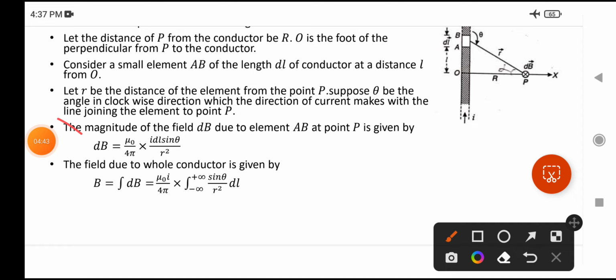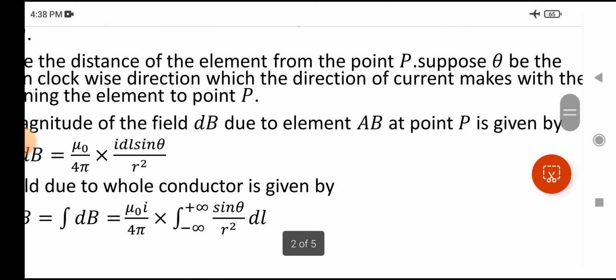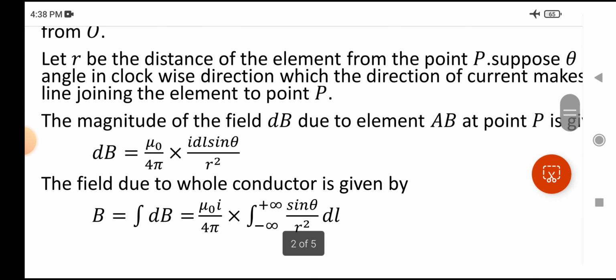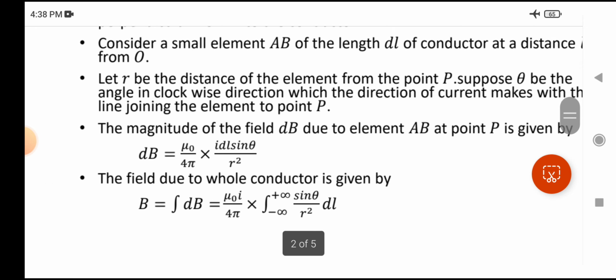Next, the magnitude of the field dB due to element AB at point P is given by Biot-Savart law: dB is equal to mu naught by 4 pi into I dl sin theta by r square.